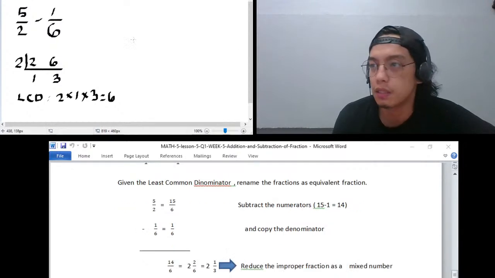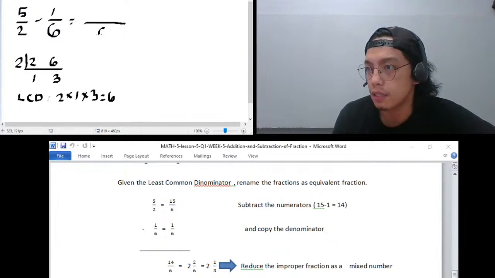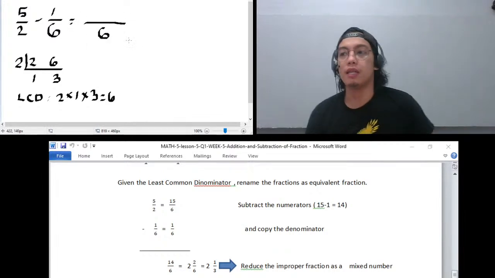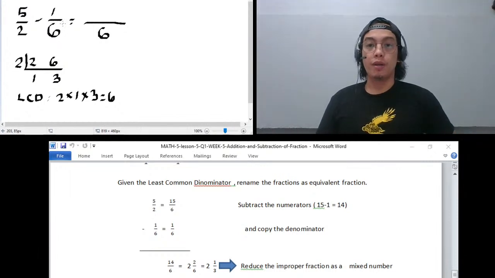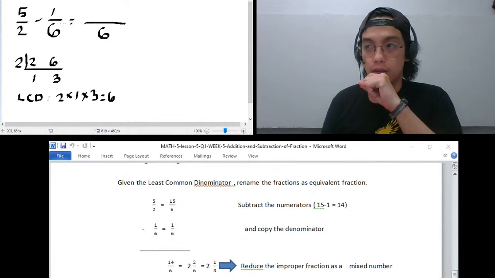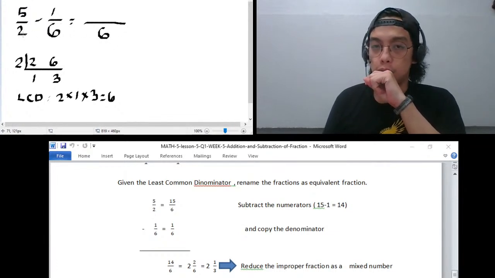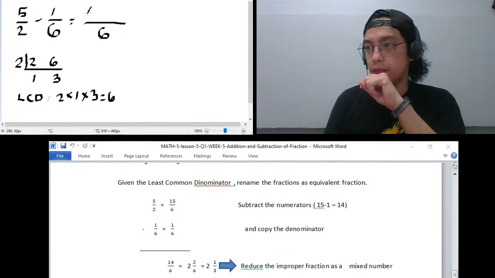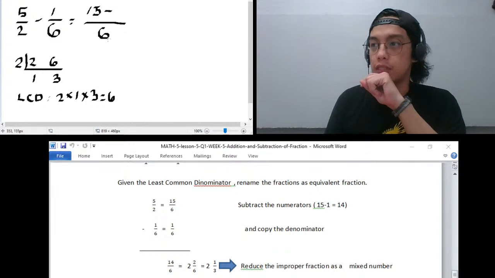Diretso na. Let's try to do what I did before kanina. So, 6 ang yung LCD. Ato siyang i-divide sa original denominator times the original numerator. So 6 divided by 2 is 3 times 5 is 15. Minus, okay, minus itong operation. 6 divided by 6 is 1 times 1 is 1.